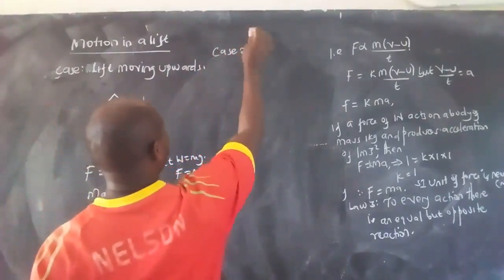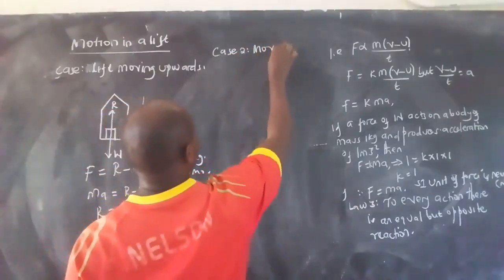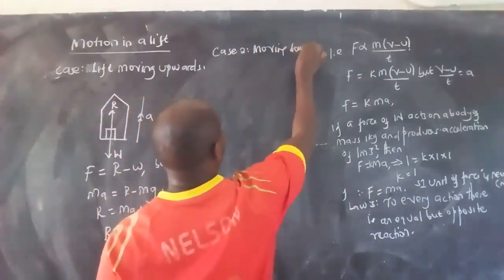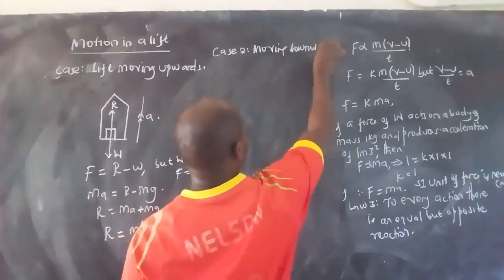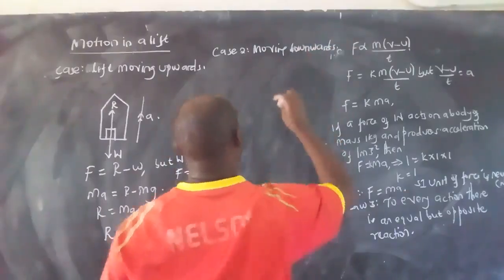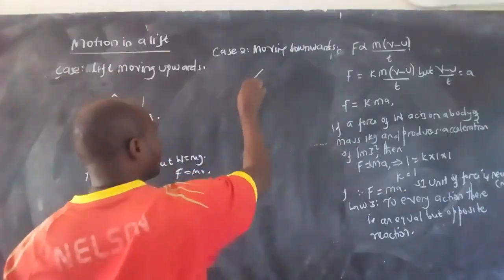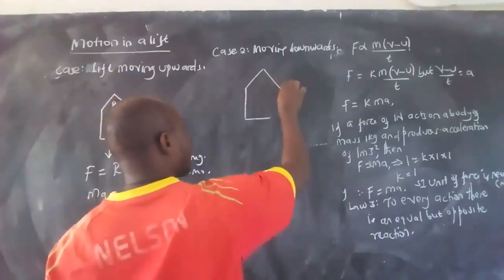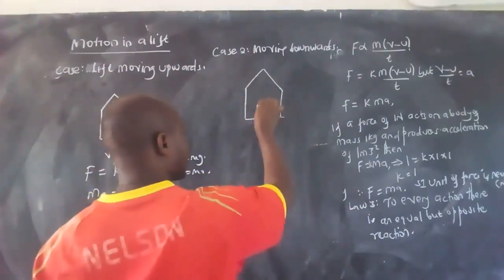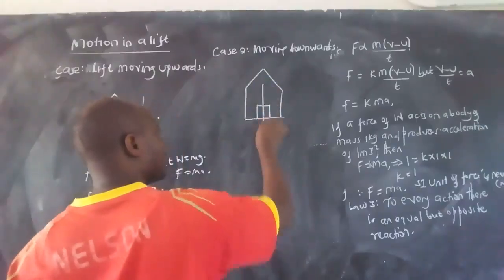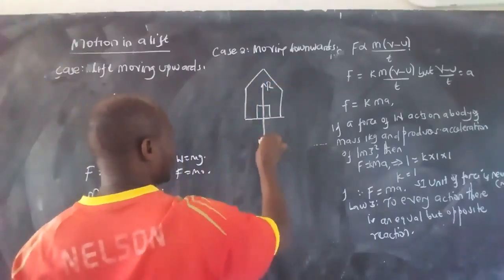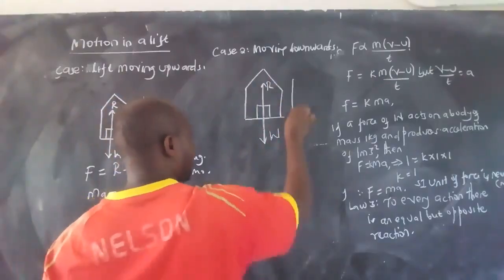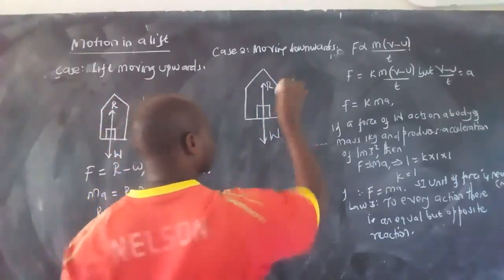Case 2. Moving downward. Moving what? Downwards. So we have the lift. Here we have the normal reaction. We have the weight. It is moving downward with acceleration a.